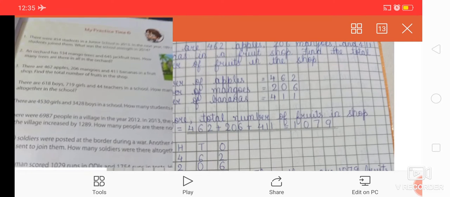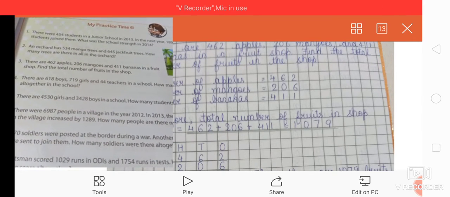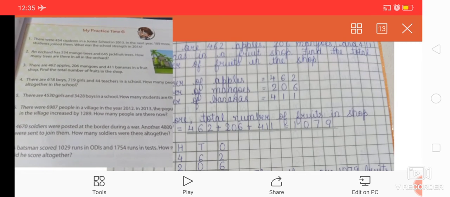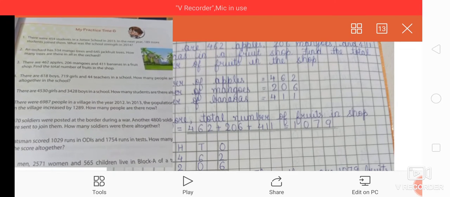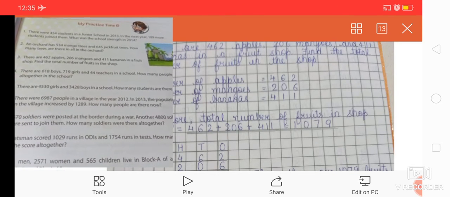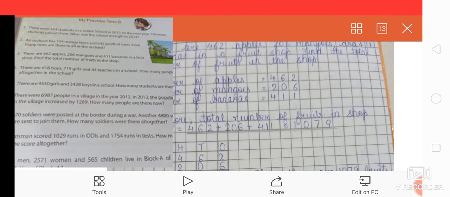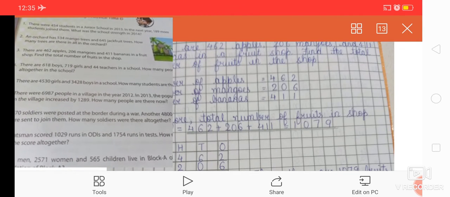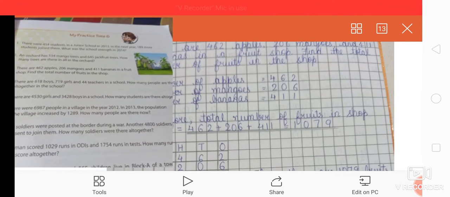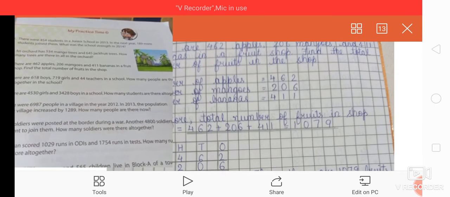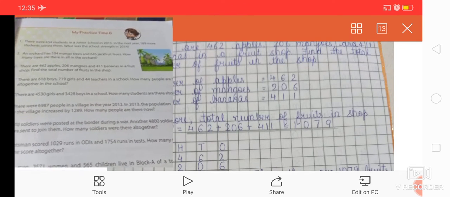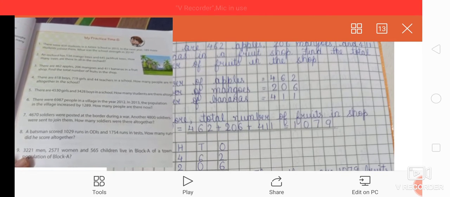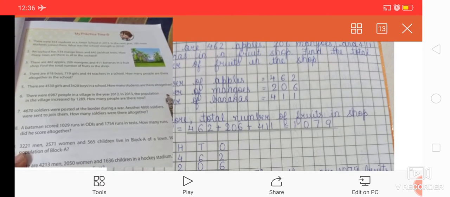There are 618 boys, 719 girls and 44 teachers in a school. How many people are there all together in a school?